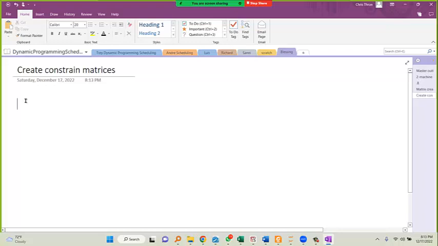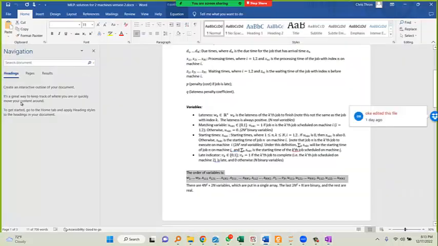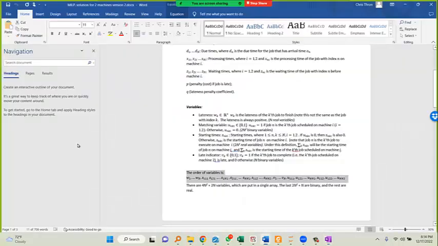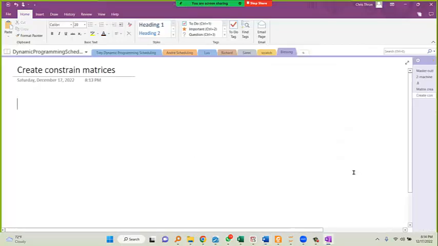Constraints with the T. Let's see, is it coming? No, it's not coming. I said constraints with the T. Okay, it's not working. Let's try again. Well, it's not working here. Sorry. There we go.